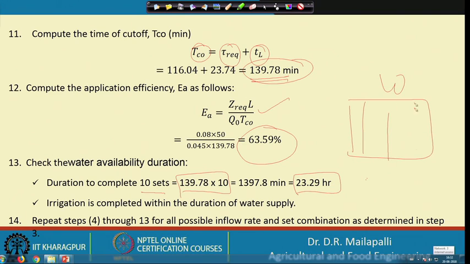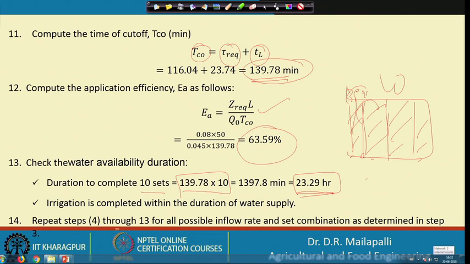Like one set is done, 139.78 for this set, then irrigate the next set and the next. If you do not have any rest time between the sets, it will be 23.29 hours, and irrigation is complete within the duration of water supply.